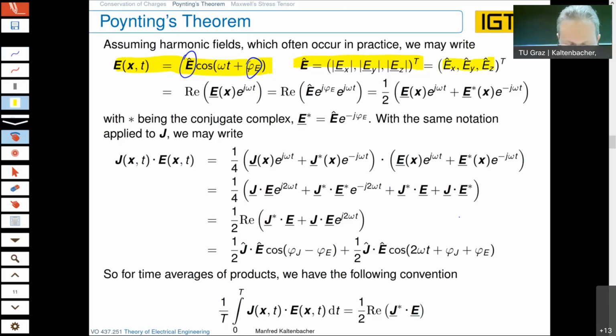And then we can write it down as shown here as a complex number, and that is shown by the underline. So E as a complex number, we know it changes according to our angular frequency omega.